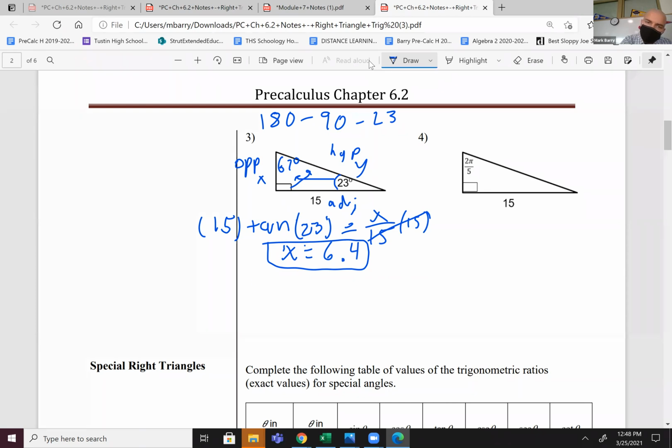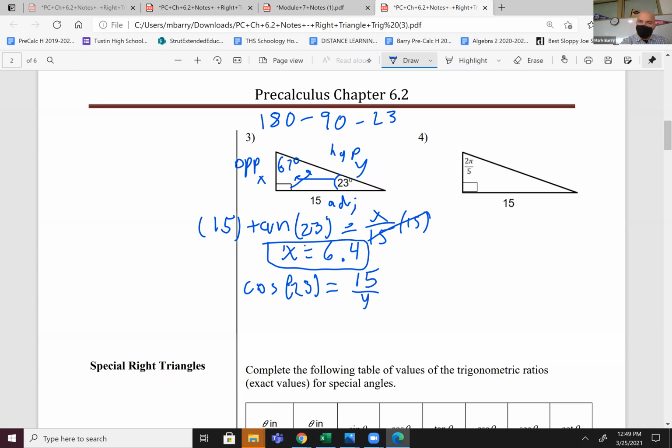So we have cosine of 23 equals adjacent is 15, and then hypotenuse is y. Now on these ones, when you have the variable in the denominator, it's one extra step to isolate it, all right?